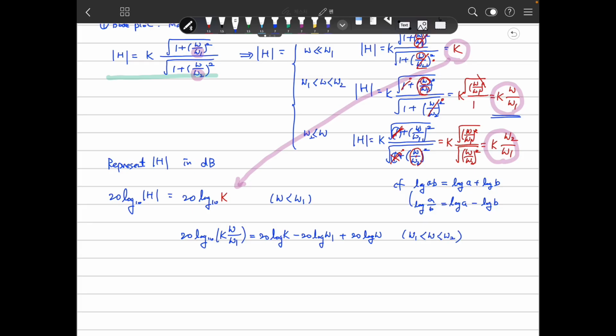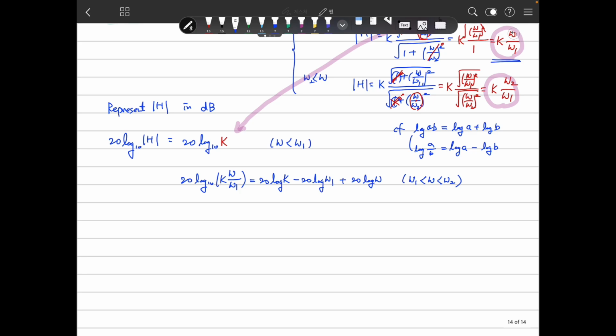And when omega is larger than omega 2, it is 20 log k omega 1 over omega 2, which can be represented as 20 log k plus 20 log omega 1 minus 20 log omega 2.